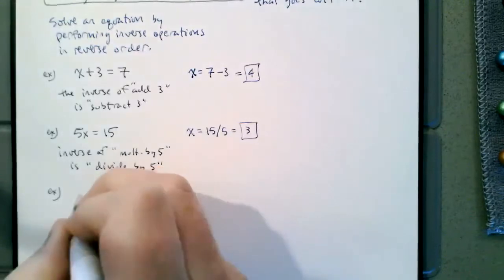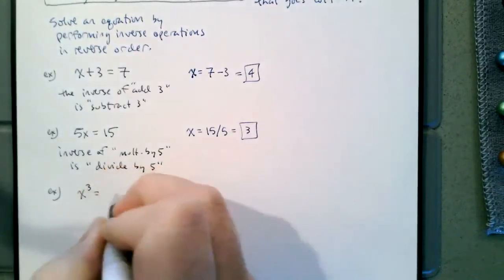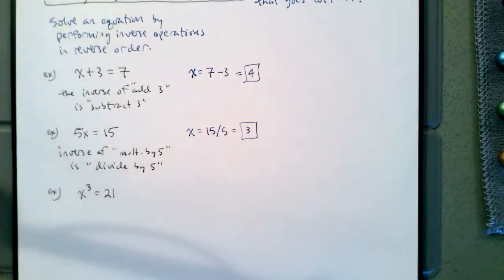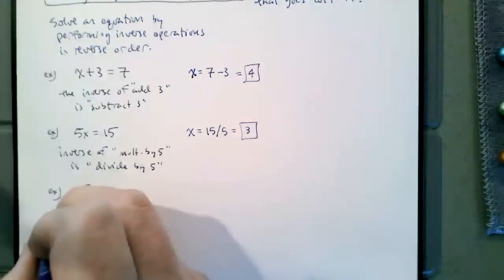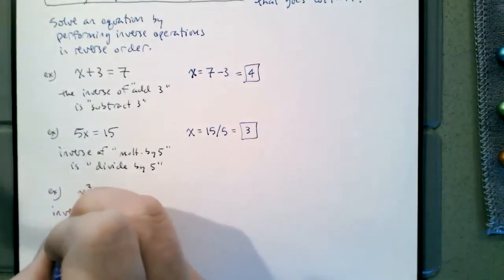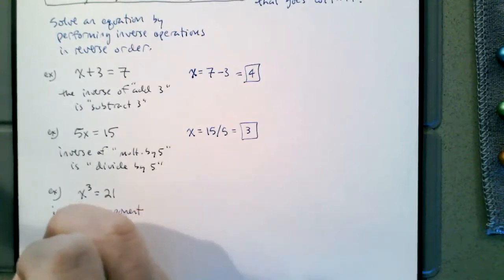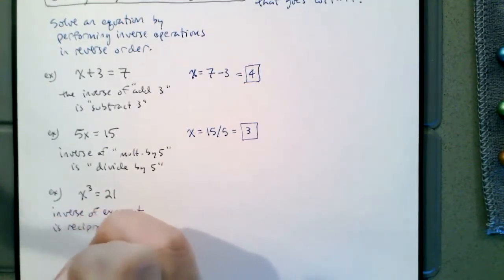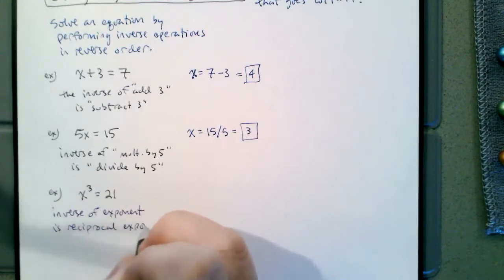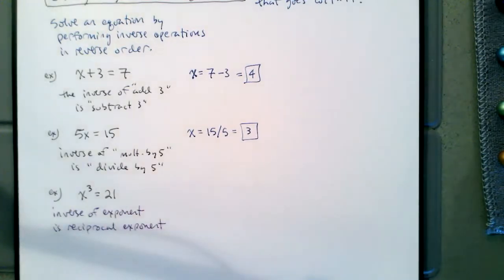Keep going, there's other operations. So if I have an equation that says x to the third is equal to 21, the inverse of a number raised to the third power is raised to a reciprocal exponent. The inverse of an exponent is a reciprocal exponent.